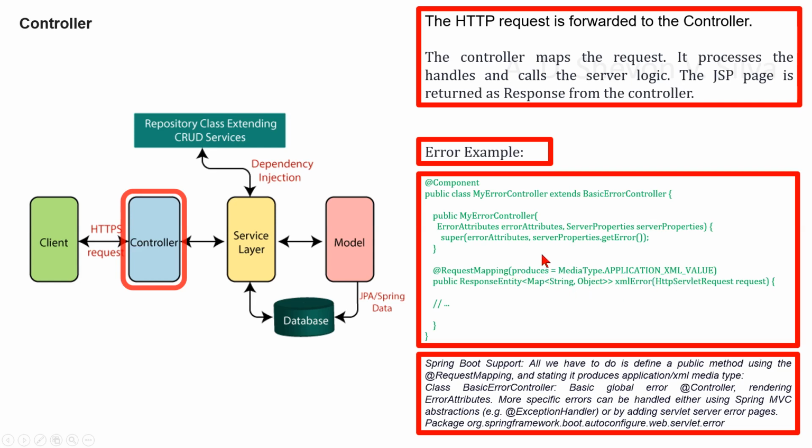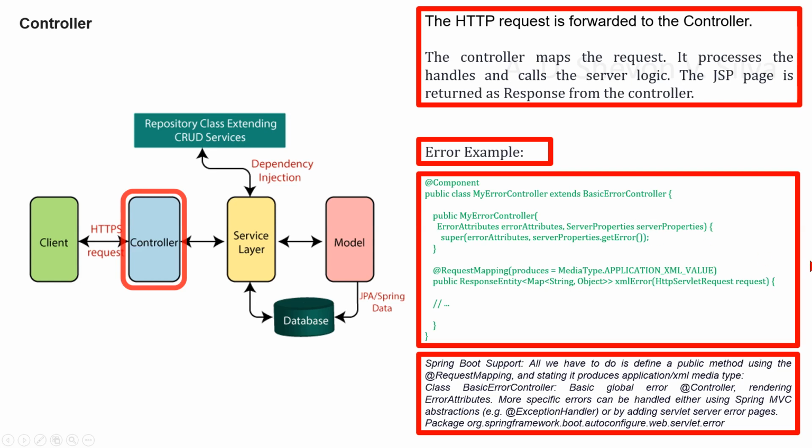The class BasicErrorController, BasicGlobalErrorController, rendering error attributes. More specific errors can be handled either using Spring MVC abstractions, for example @ExceptionHandler, or by adding servlet error pages. This is in the package org.springframework.boot.autoconfigure.web.servlet.error.